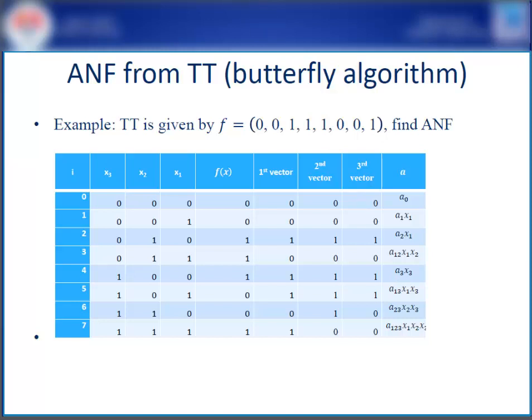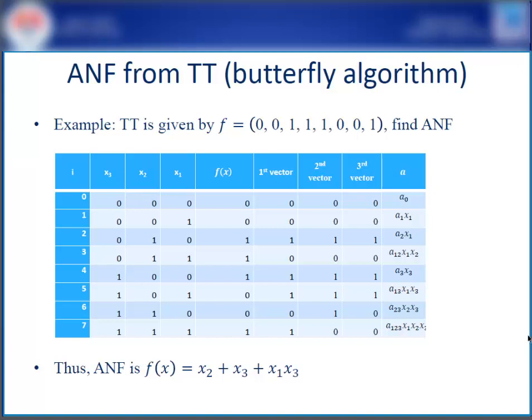As we can see, this result goes in line with the result obtained by the previous method, and the resulting algebraic normal form for a Boolean function given with this truth table is, as we defined already using the first method, x1 plus x3 plus x1x3, because again we obtained the coefficients a1, a3 and a13 to be 1.